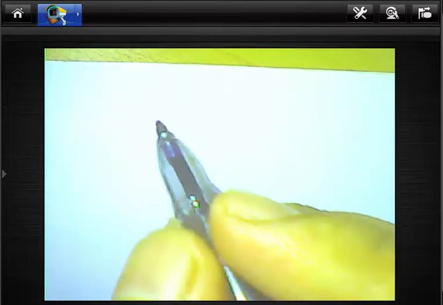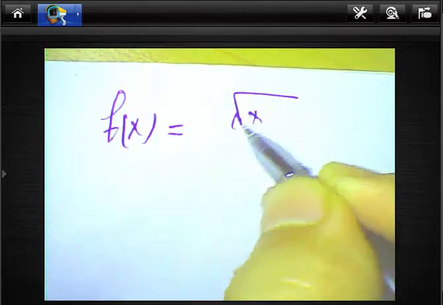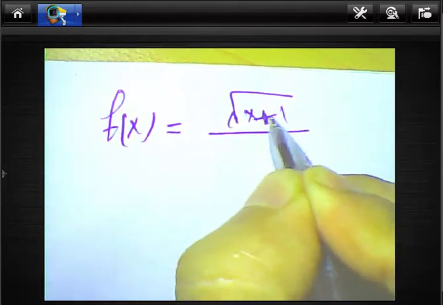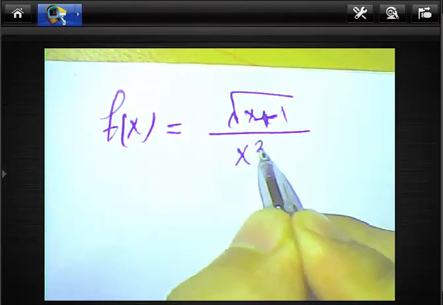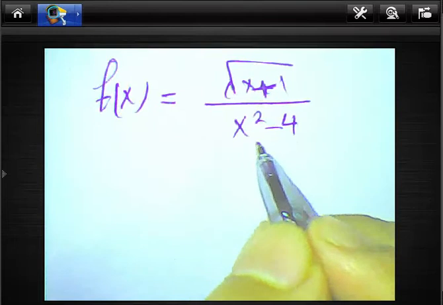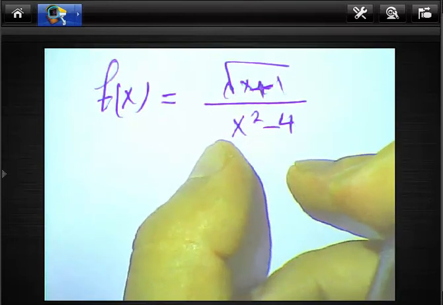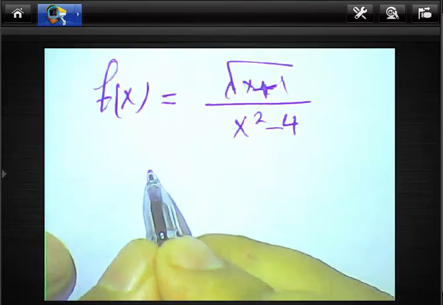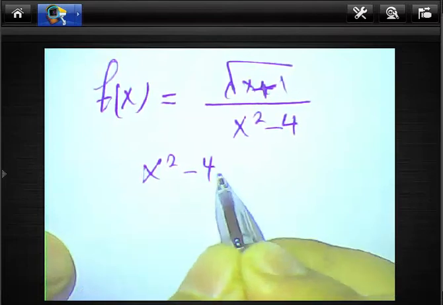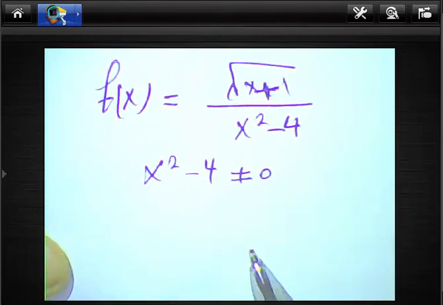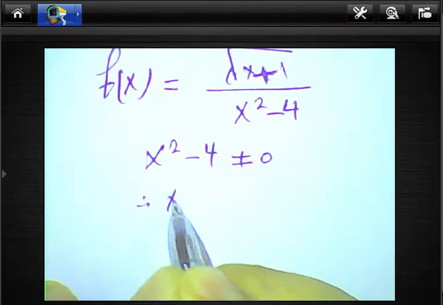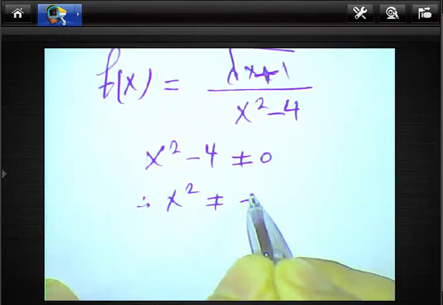Another example: f of x equals the square root of x plus 1 over x power 2 subtract 4. We know this denominator must not equal 0. So x power 2 subtract 4 not equal 0. Then x power 2 must equal 4.